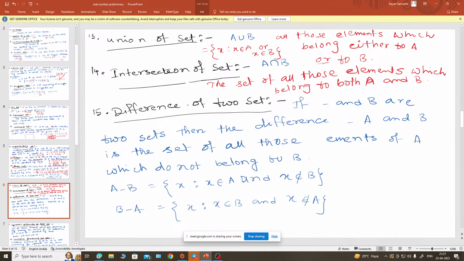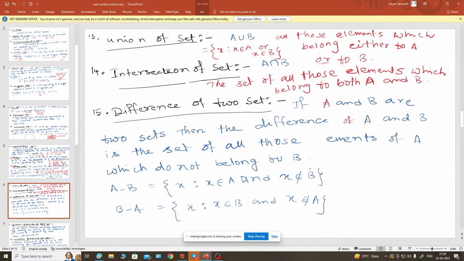Now go to the next definition. Difference of two sets. What is the difference of two sets? If A and B are two sets, then the difference of A and B is the set of those elements of A which do not belong to B. Okay.